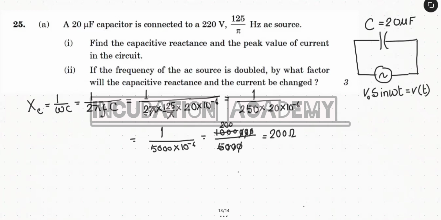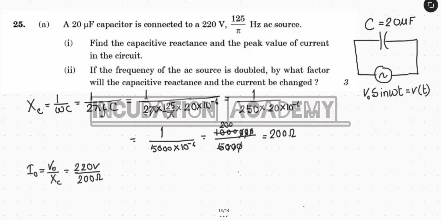What is the peak value of the current in the circuit? We know that V equals IR, but here the resistance is not present, the reactance is present. So the peak value of the voltage divided by the capacitive reactance gives 220 volt divided by 200 ohm.